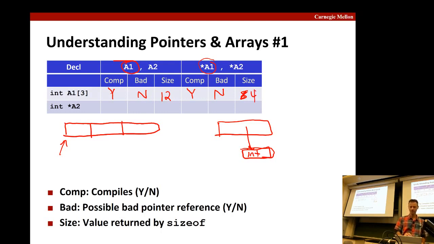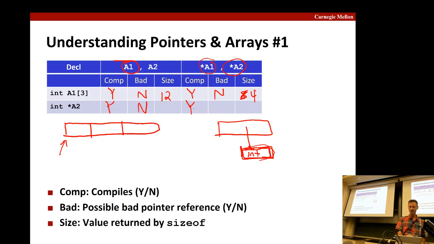Okay, so this is going to compile. A2 is going to compile. What about star A2? You refer to that. That should be fine, right? A reference to A2 is fine. But again, this reference through A2, what's here may not have been allocated yet.